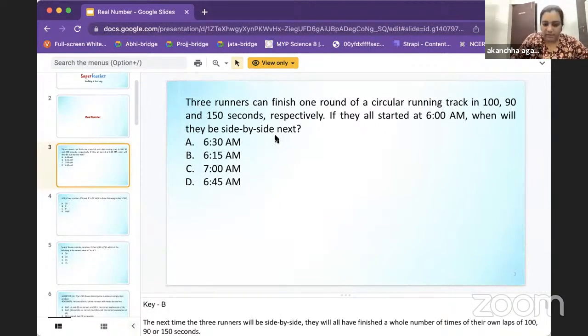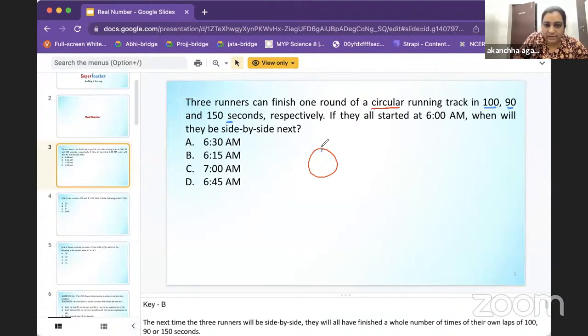So what we need to understand here is that we have 3 runners and these 3 runners are running on the same track. So let's suppose the track is this one, because they have given the circular running track. And the 3 people are covering it in 100 seconds, 90 seconds, and 150 seconds respectively.